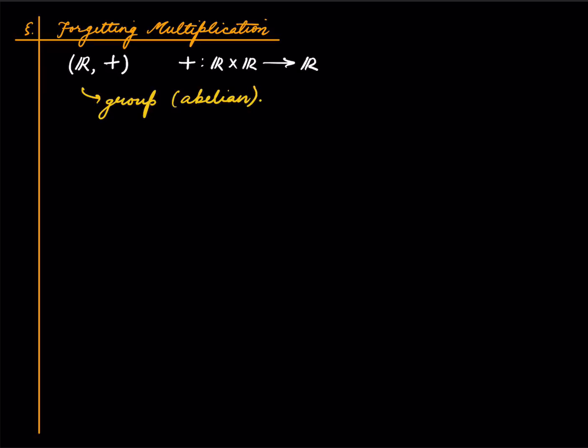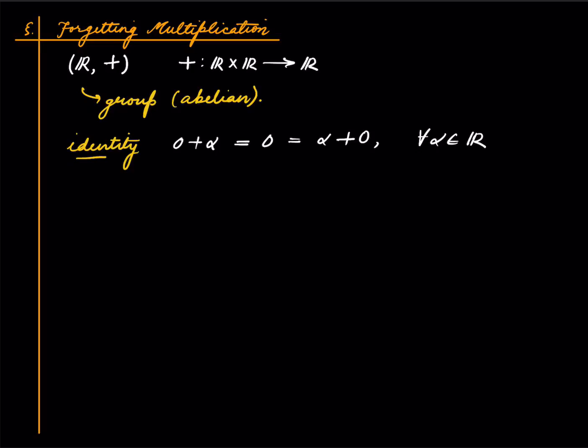0 is the identity. Associativity is something I'm not going to check, but the identity element is 0, because 0 plus alpha is equal to alpha plus 0, which is alpha, for all real numbers alpha.